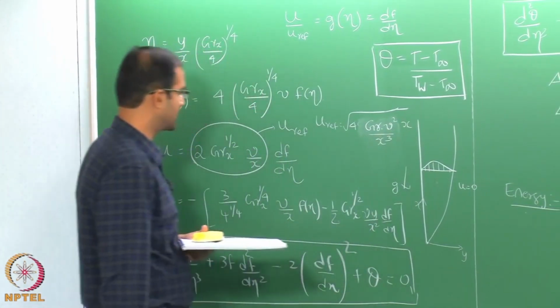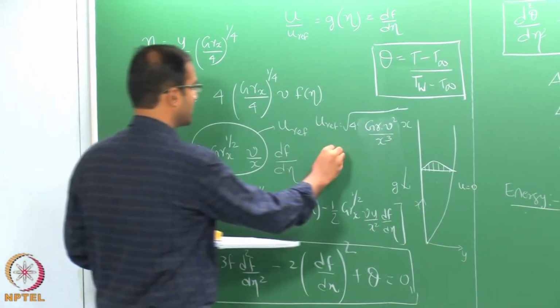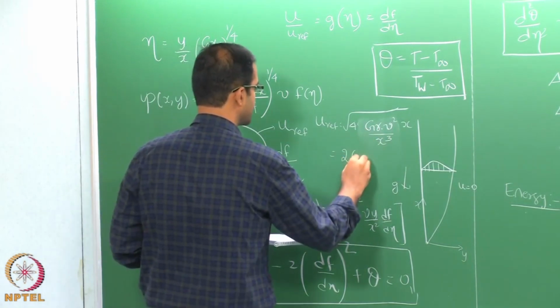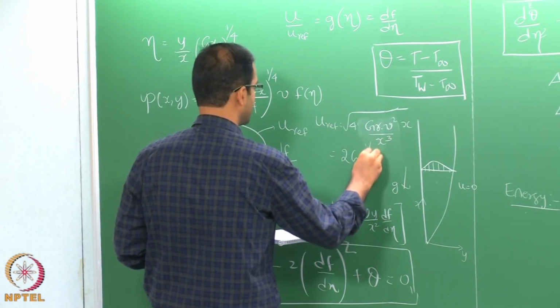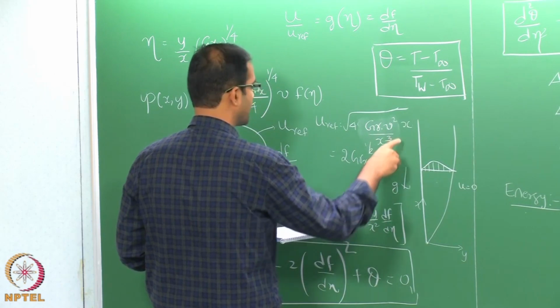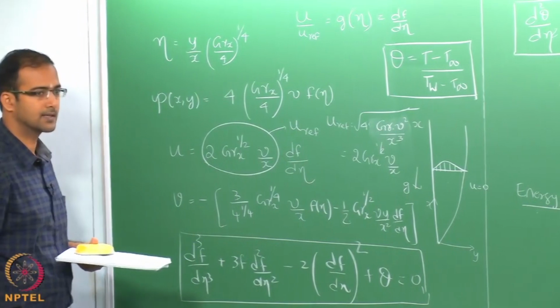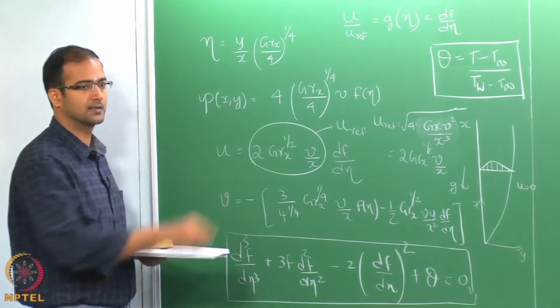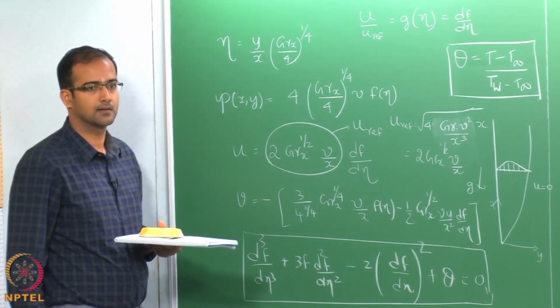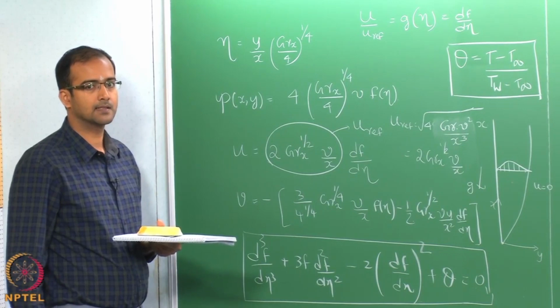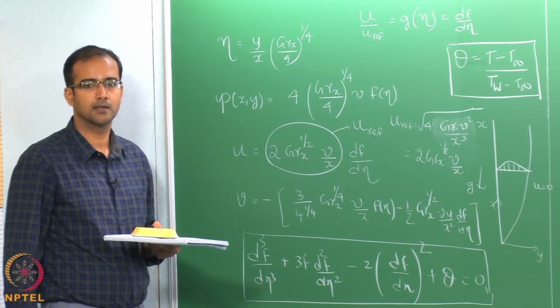Okay. So, therefore, you have 2 times, so this is local Grashof number. If you take this, this is nu, and this is x square. If you take this is nu by x, right. So, this is nothing but your u reference here. So, in the Blasius case, this was your u infinity.